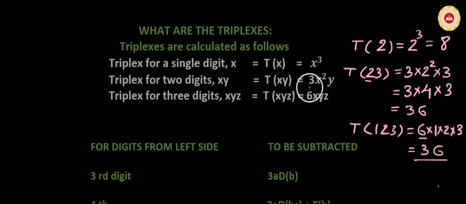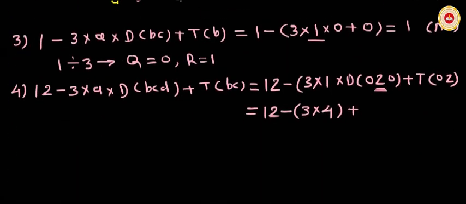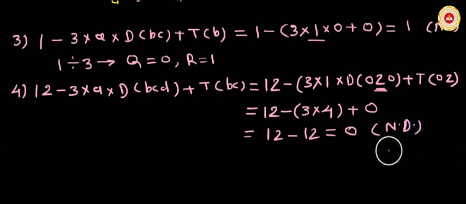Triplex of 2 digits, 3 x square y. That means 3 times x squared, x is 0, y is 2 here. So triplex will be 0, which is equal to 12 minus 3 4s are 12, equal to 0, and this 0 is the net dividend.